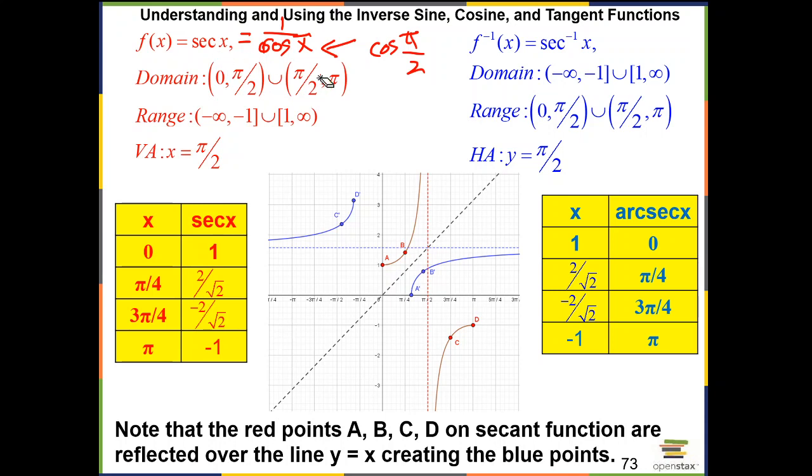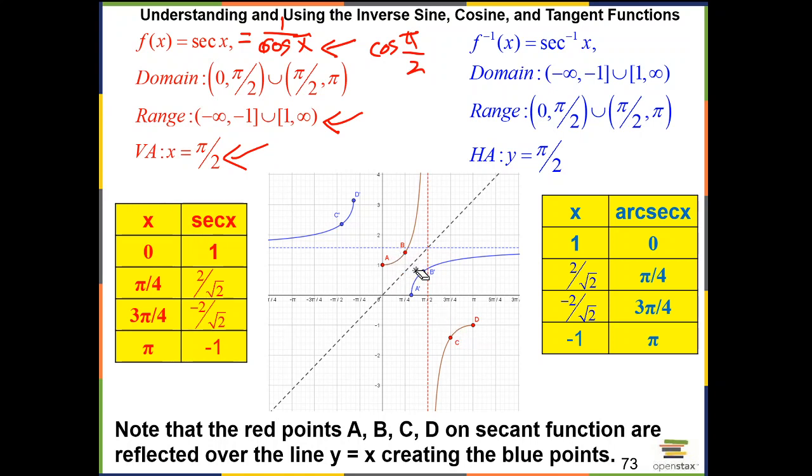So the secant restriction is similar to cosine, except pi over 2 is not included. So we have to divide it into two intervals, 0 to pi over 2, and pi over 2 to pi. And the range, we already know, is all real numbers except the numbers between -1 and 1, right? And in this restricted domain, it has one vertical asymptote. It's the red one right here, see?